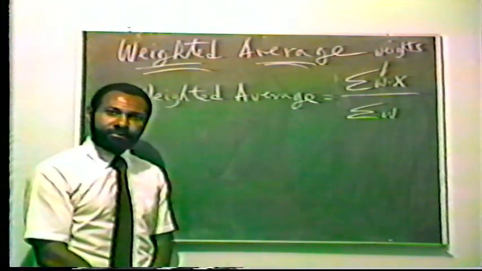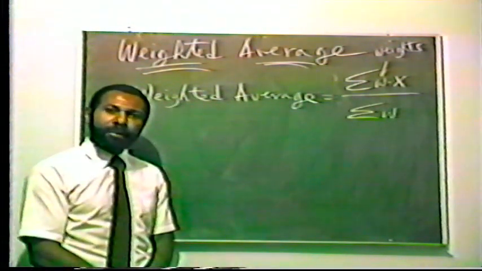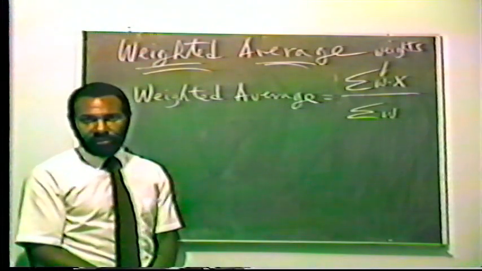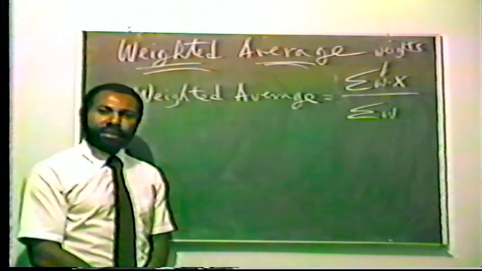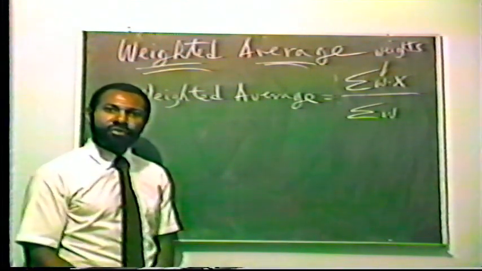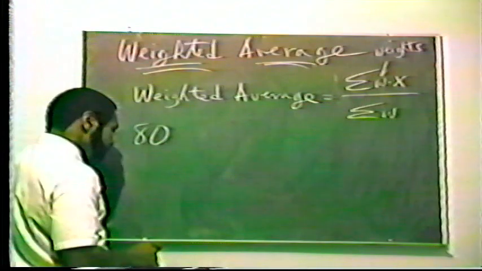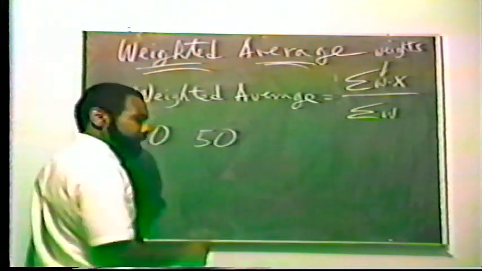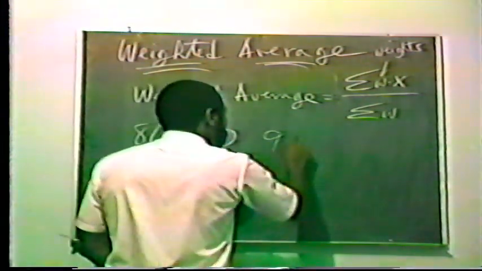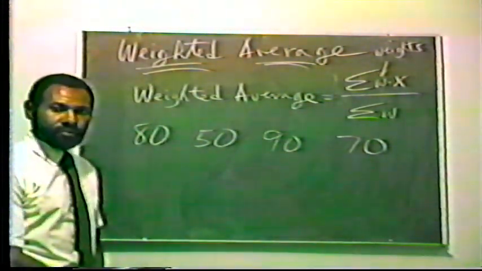For example, your professor in one of your classes might give you a test, and these might be the scores that you make on the test. You might make an 80 on the first test, a 50 on the second test, a 90, and then a 70. Those are the test scores.